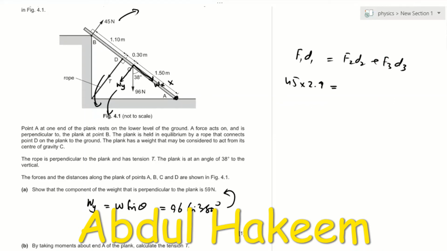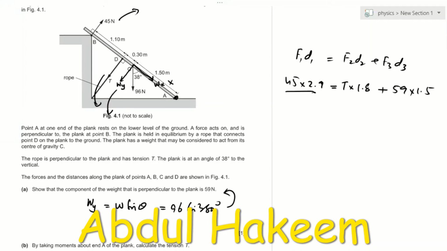Then F2 anti-clockwise is the tension T which is required, and its distance from the pivot will be 0.3 and 1.5, 1.8. And the second force is Wy, which is 59, and its distance from the pivot will be 1.5.